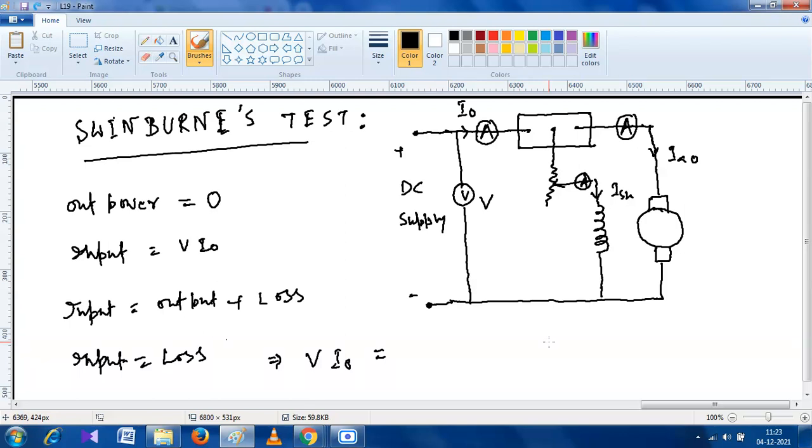ब्रॉडली हम अगर उसे देखेंगे, we classify broadly, there are two types of losses.